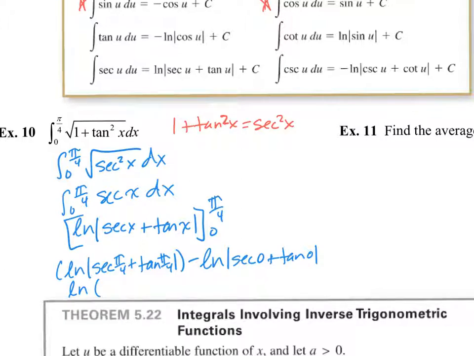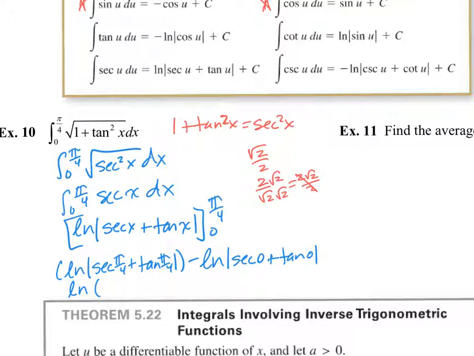Remember, cosine of pi fourths is the square root of 2 over 2, but we're going to flip that over, and that would give us 2 over the square root of 2, and then rationalizing, we would get 2 square root of 2 all over 2, and then those 2's will cancel. So all that to say, the secant of pi fourths is just the square root of 2.